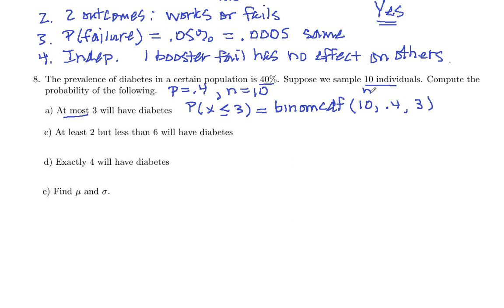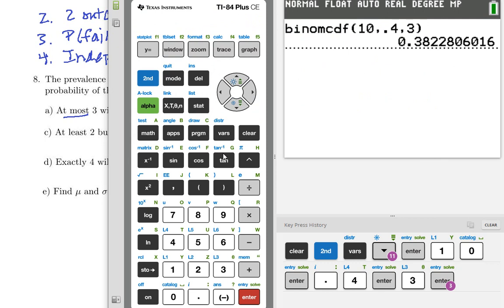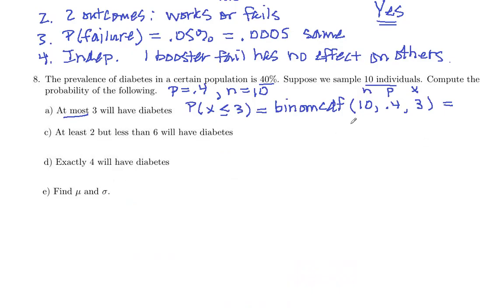That's n, p, and the x. And the CDF gives less than equal probabilities. So you have to write everything as a less than equal. So, let's go ahead and compute that. 0.382283823. Usually do 4 decimal places.